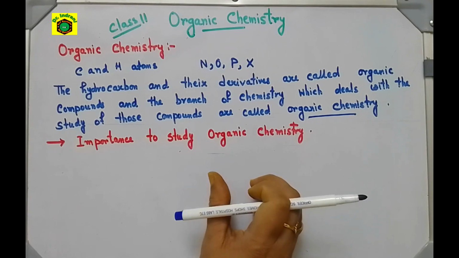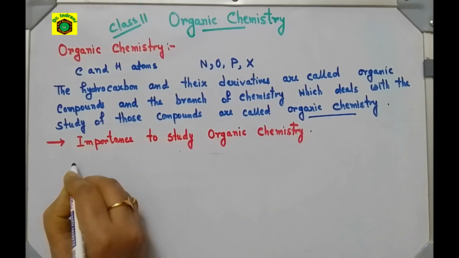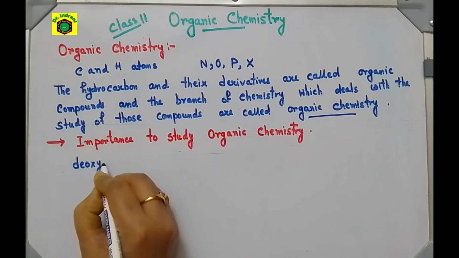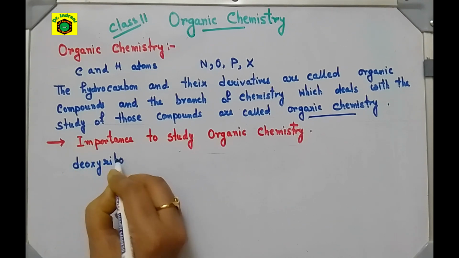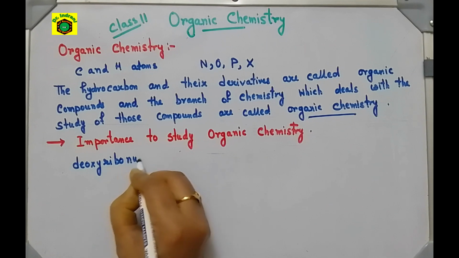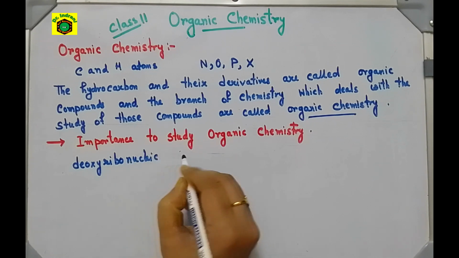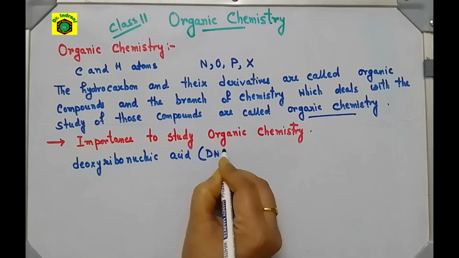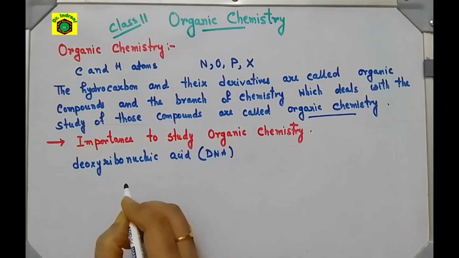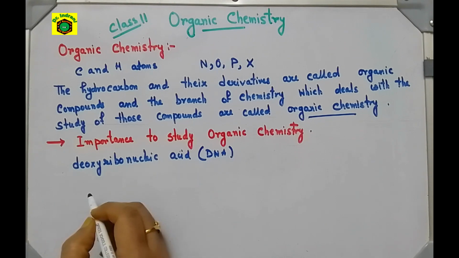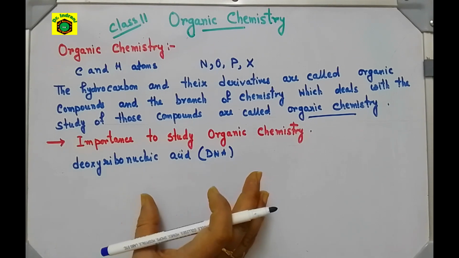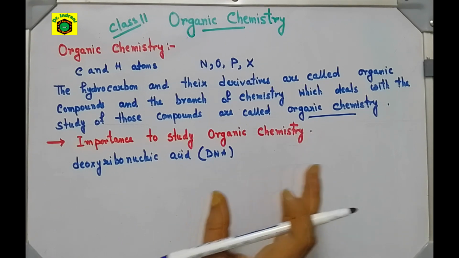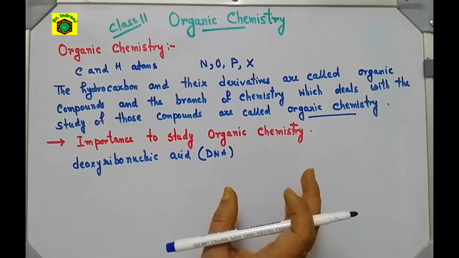Complex molecules like deoxyribonucleic acid, means DNA, and proteins, carbohydrates, all are organic compounds. So we have to study about them in detail.